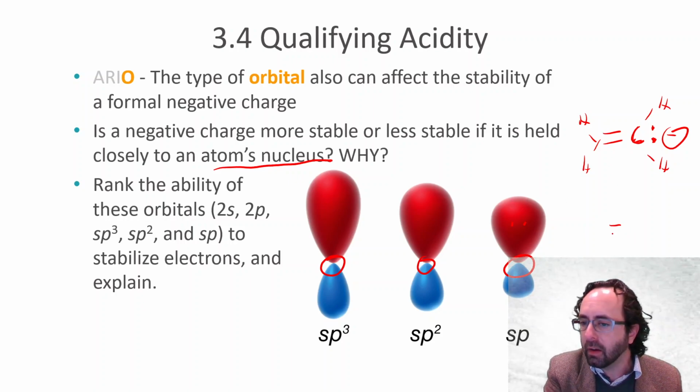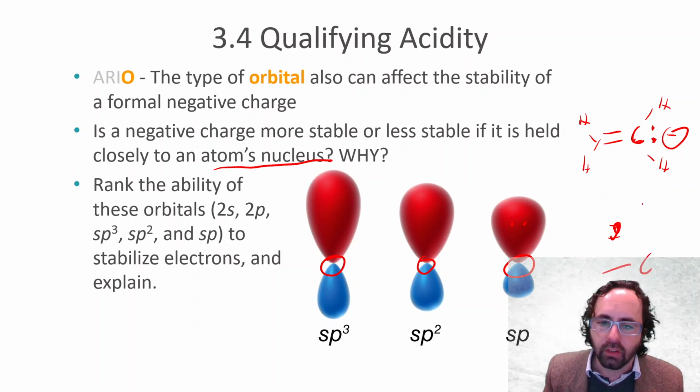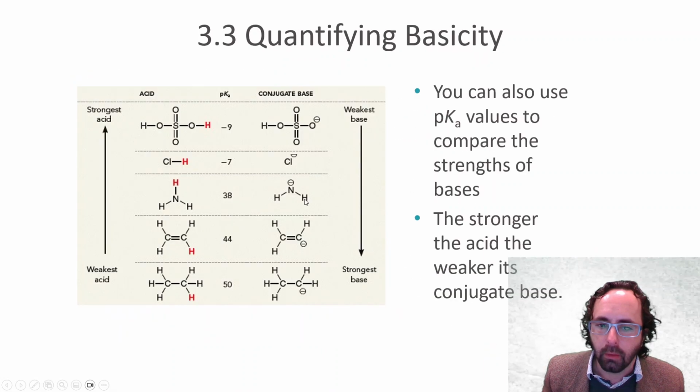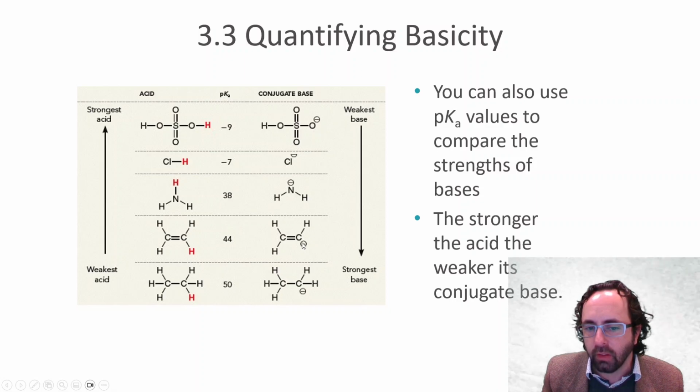But anyway, if we have a carbon atom like this, I'll just point you back to this guy right here. If we look at a negative formal charge on this carbon, its conjugate acid is more acidic than the one that produces a carbanion on the alkane, not on the carbon double bond.